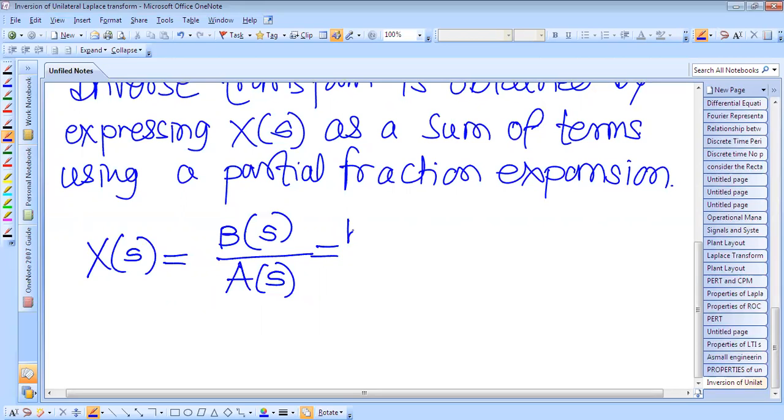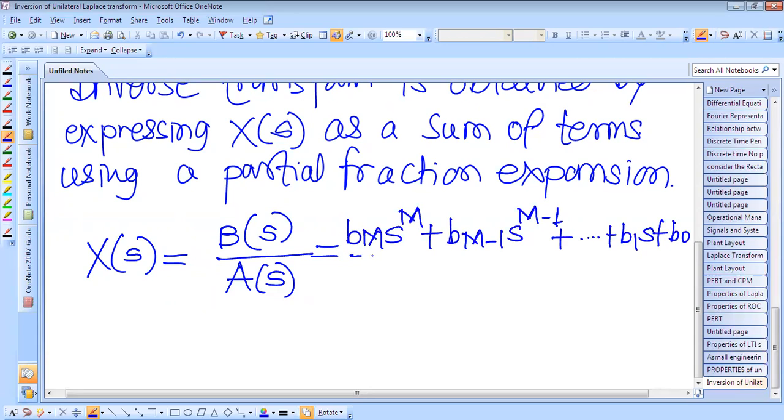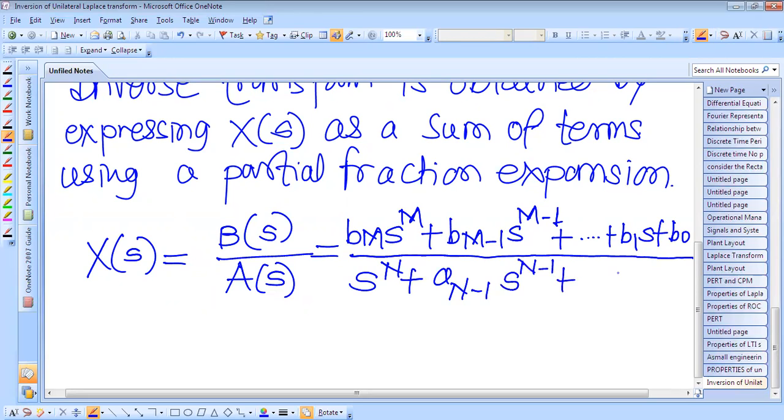So B(s) is b_m s raised to power m plus b_(m-1) s raised to power m minus 1 plus up to b1 s plus b0, divided by s raised to power n plus a_(n-1) s raised to power n minus 1 plus up to a1 s plus a0.